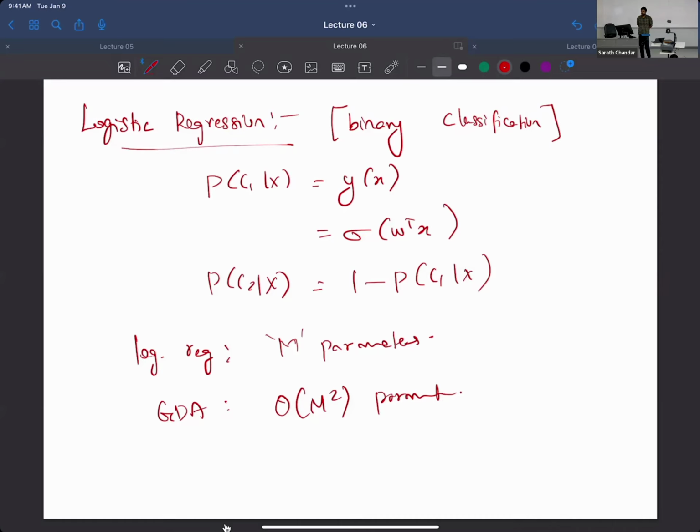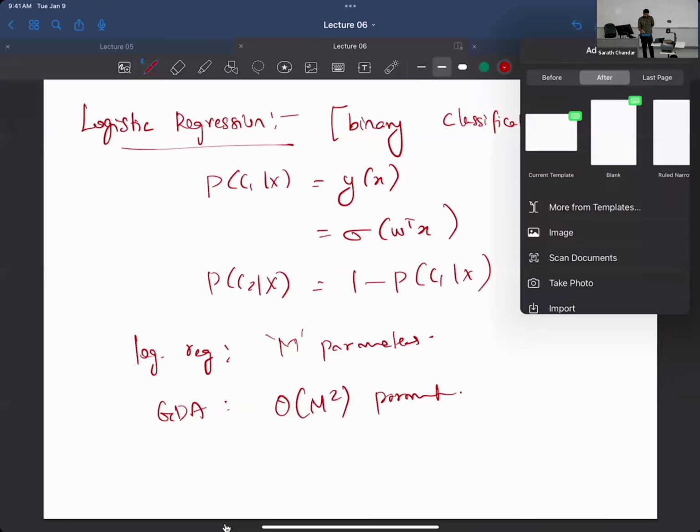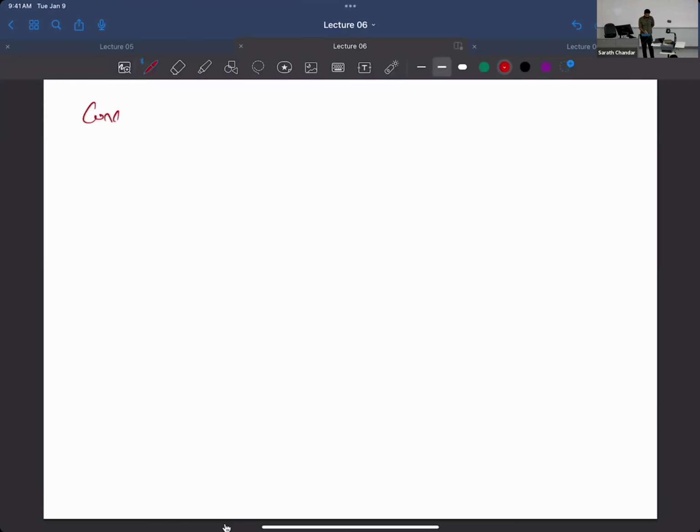We want to maximize the probability of Y given X for correct examples. So we can take every example in the training set, and for each example, maximize P of Y given X. This is called conditional likelihood. So instead of the likelihood, which is P of X comma Y, I'm going to maximize the conditional likelihood.